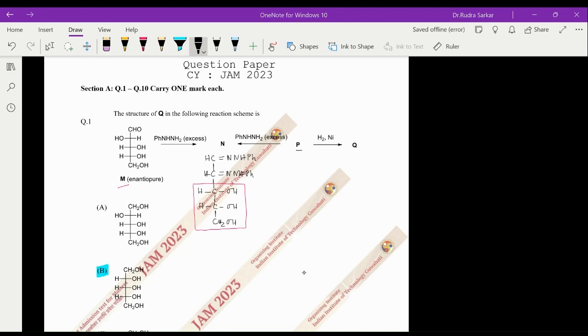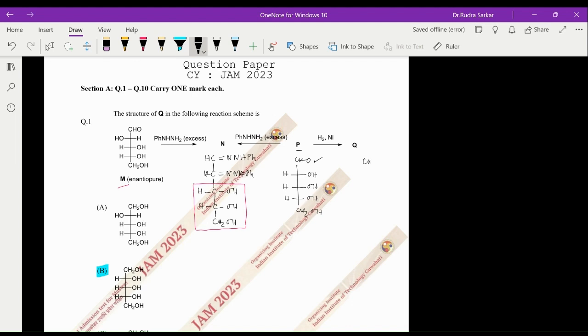That being the case, we can say that it will be CHO, then we have OH, H. So that is how the molecule should be as far as the structure is concerned. Now, if you reduce this molecule with hydrogen and nickel, it will be the aldehyde group that will be reduced.